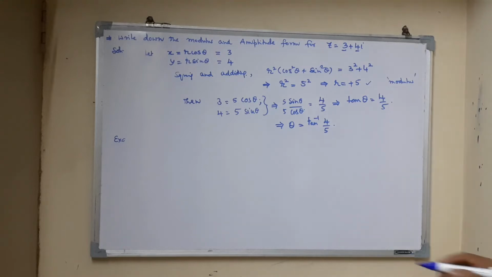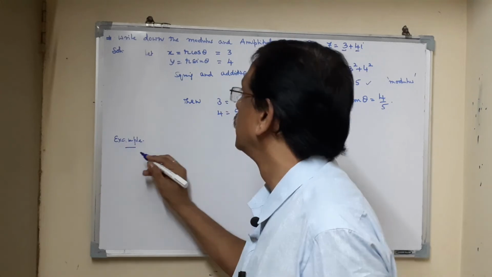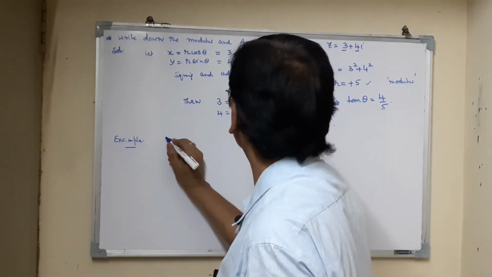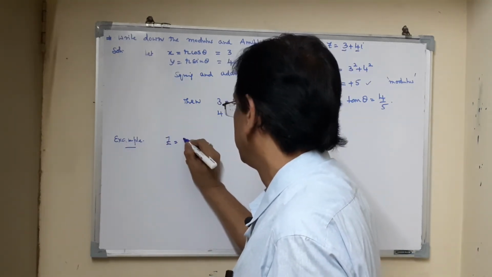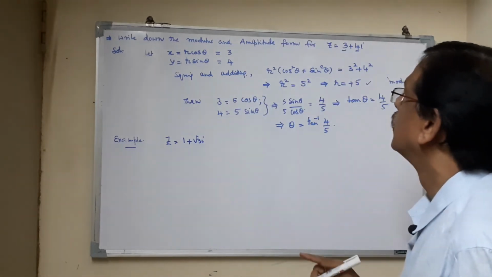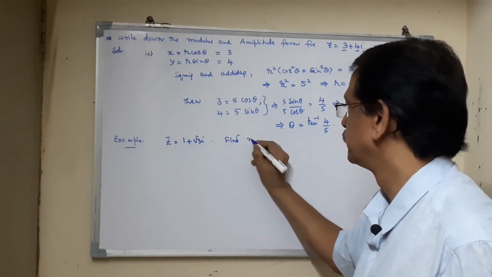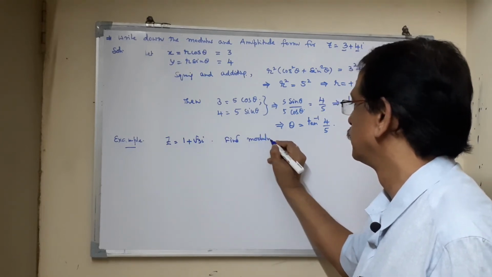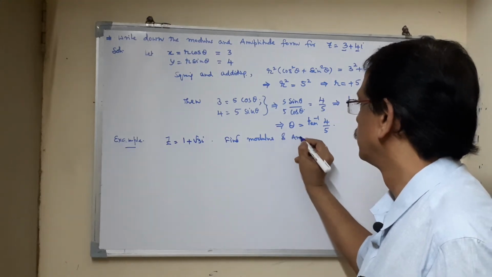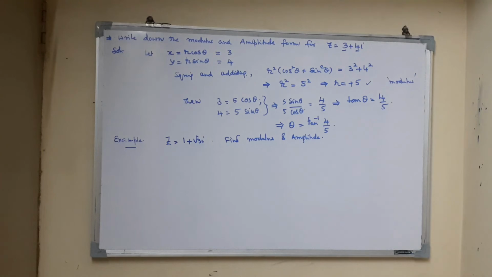Now let us look at another example of a complex number z equal to 1 plus root 3i. Find modulus and amplitude. Let us look at z equal to 1 plus root 3i.